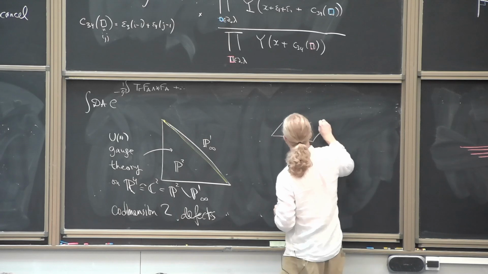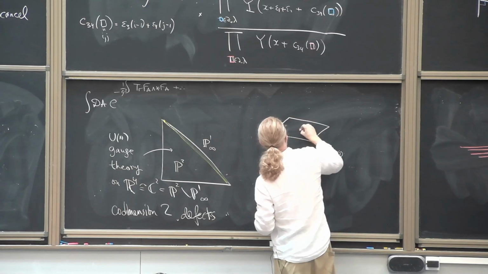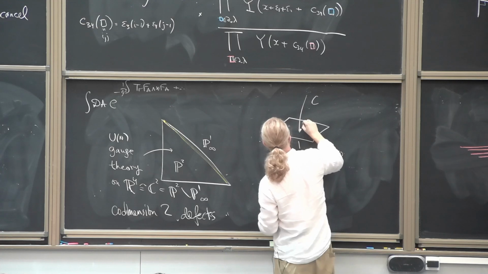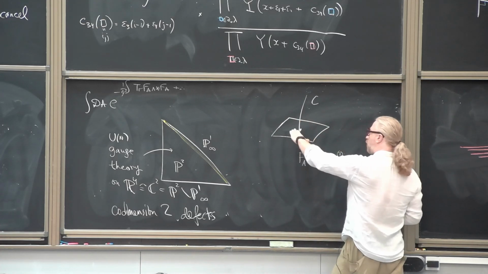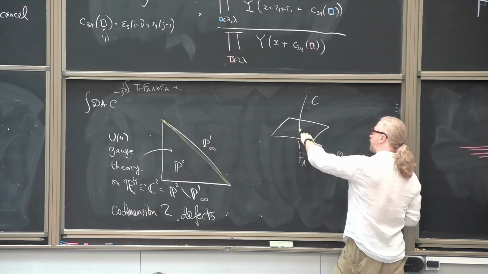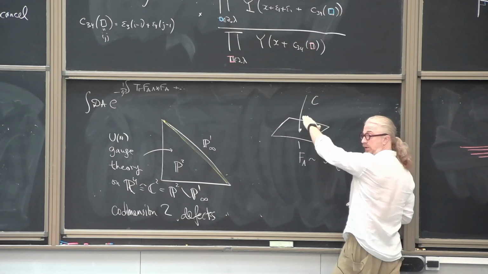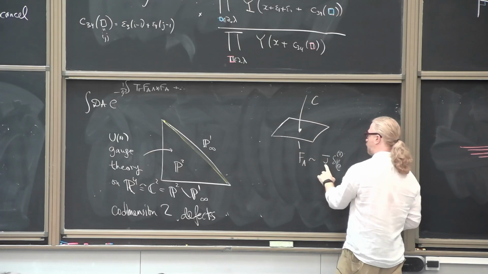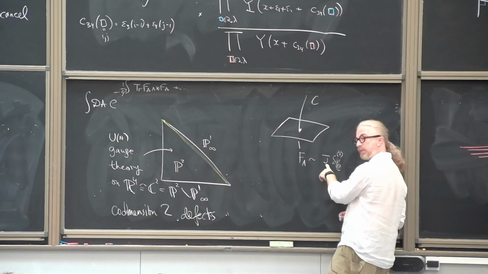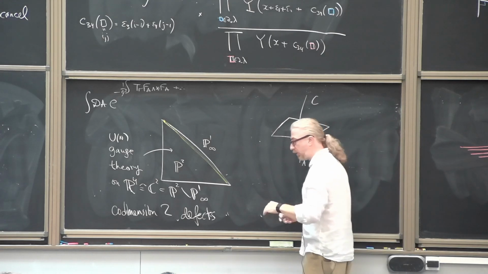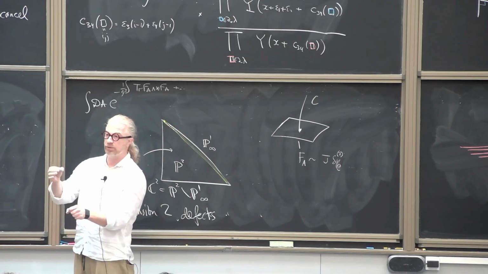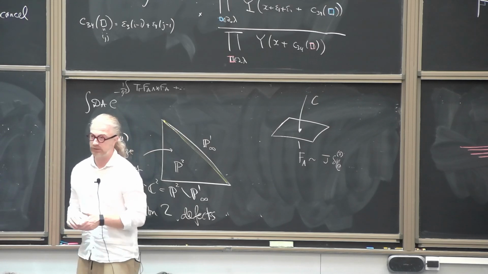So this is a transverse picture. This is my curve C. So locally, I'm kind of embedding a bunch of abelian vortices into the non-abelian gauge group. And how I embed is determined by this matrix J. But now you can order your vortices by the strength, and so that tells you what is the flag of subspaces.